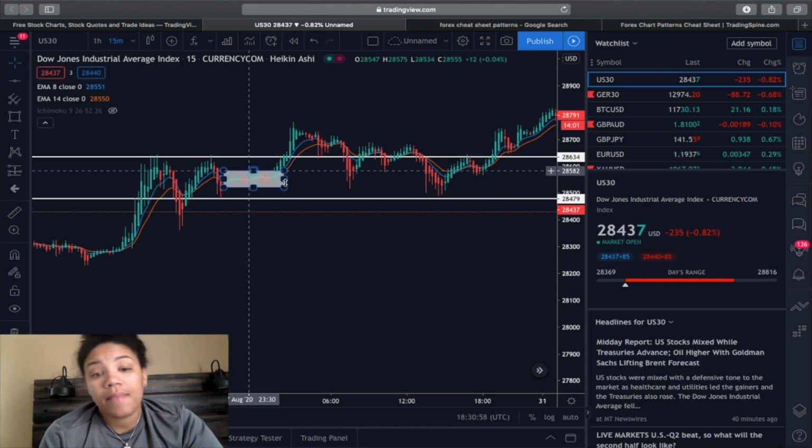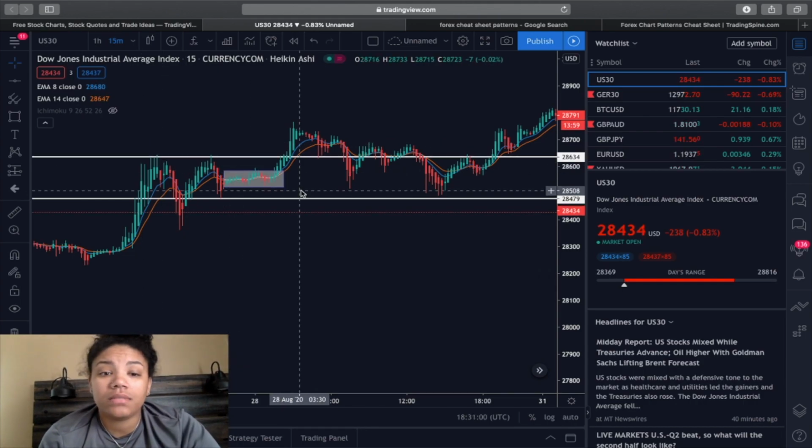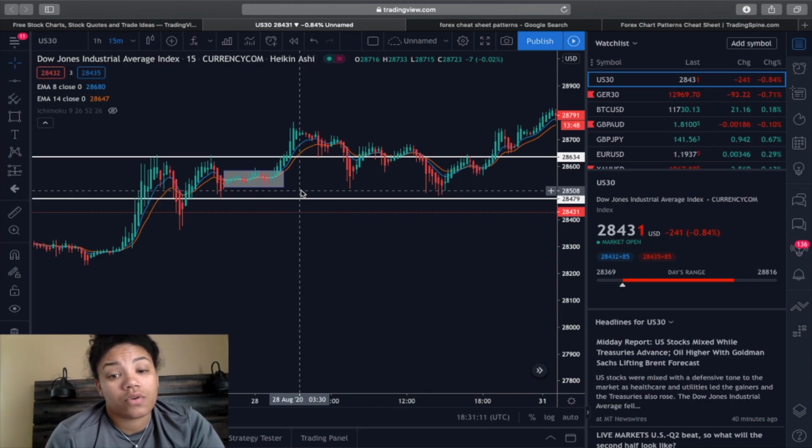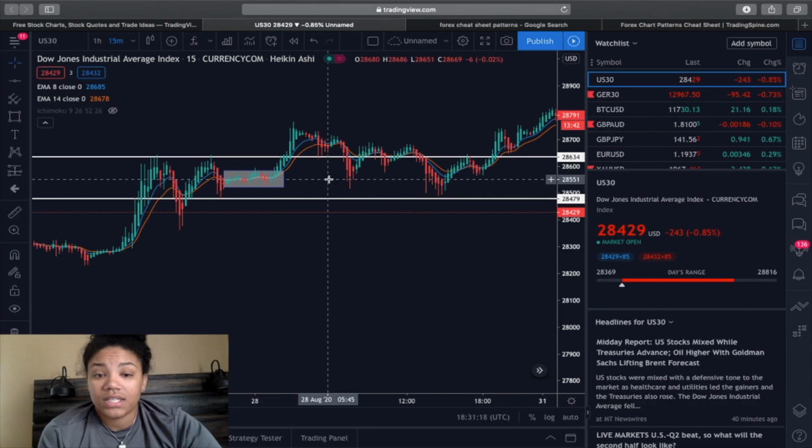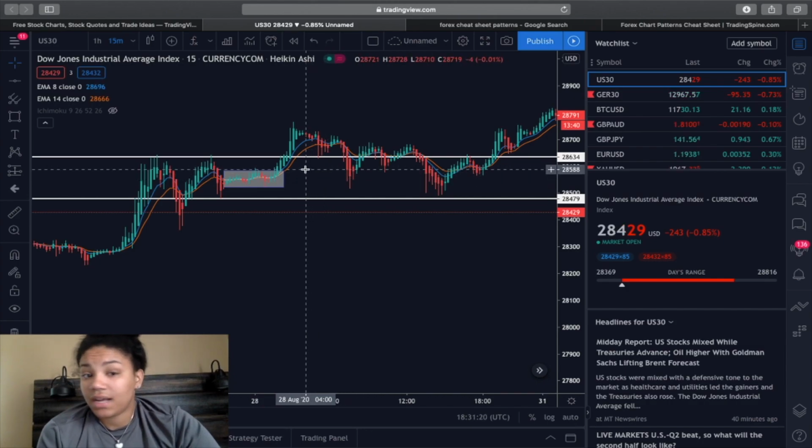Y'all can see that the EMAs crossed and the momentum of the candlesticks is strong. When you have a flat bottom for a bullish candlestick, that means you have strong momentum. When you have a flat top for a bearish candlestick, that means you have strong momentum. So you can see that there's no wicks hanging out of these candlesticks.